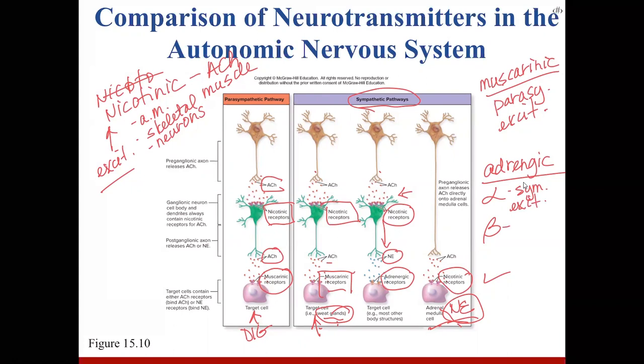Beta adrenergic receptors can be in your heart, in the blood vessels, and they could be in the bladder and the fat. If they're in the heart, they're excitatory, so they're going to make your heart beat faster.